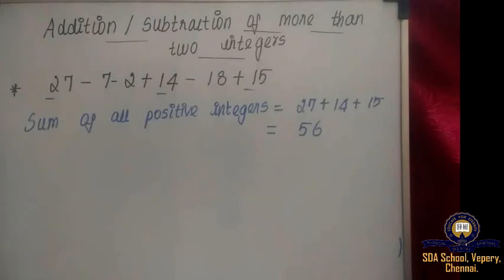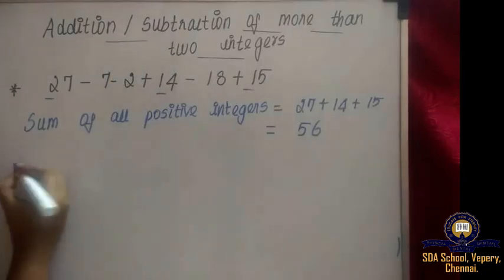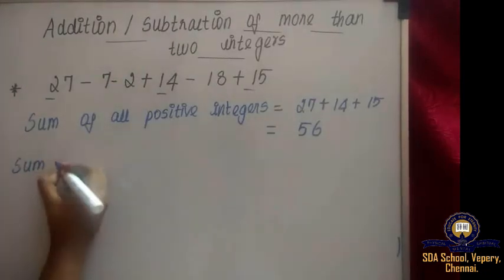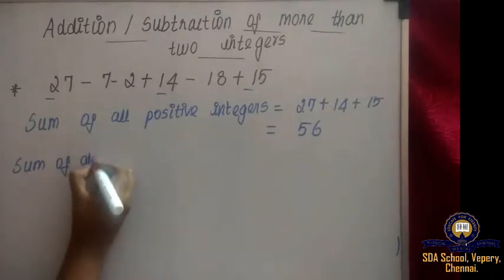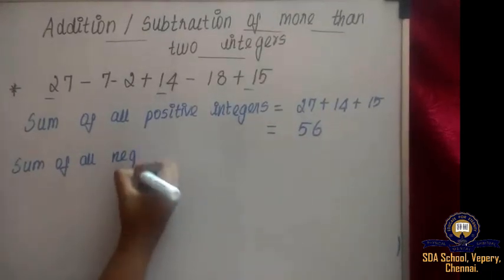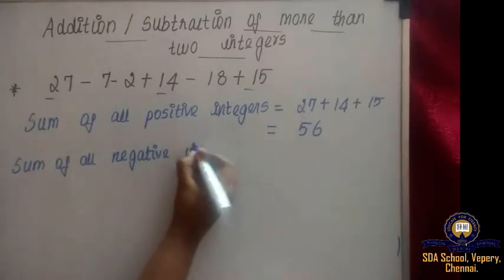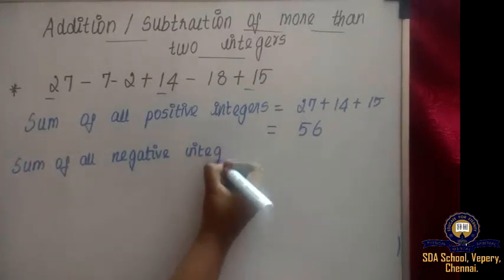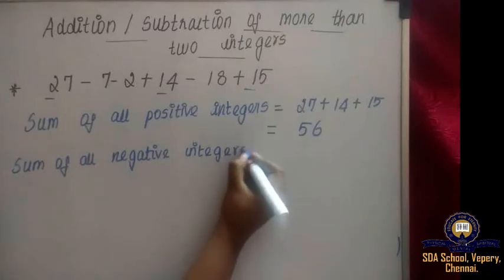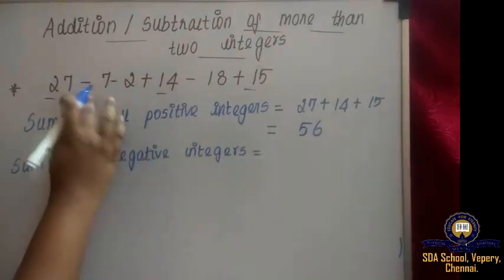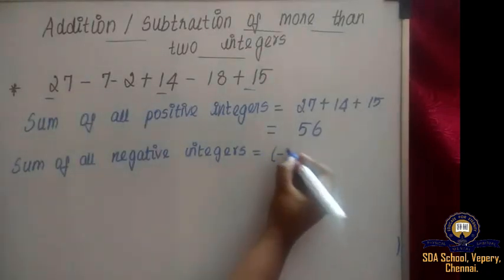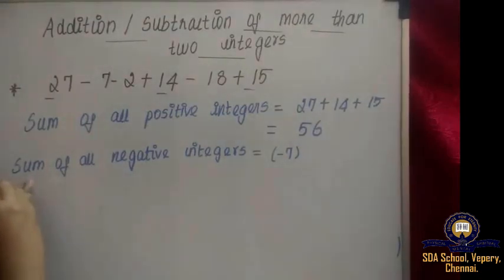Next you have to find the sum of all negative integers, which is equal to minus 7. We have to find the sum.